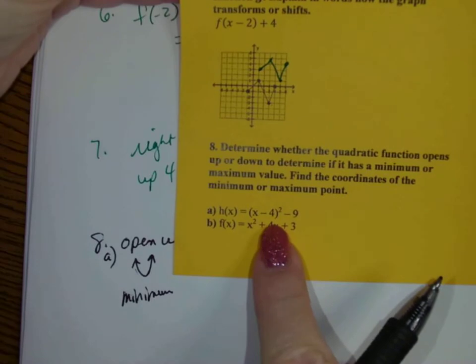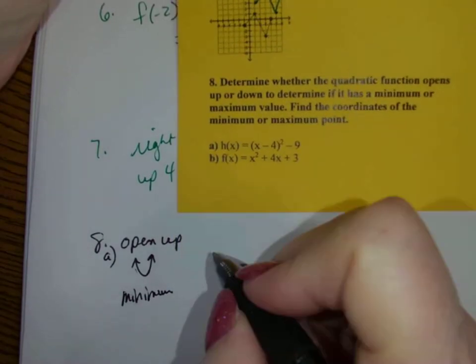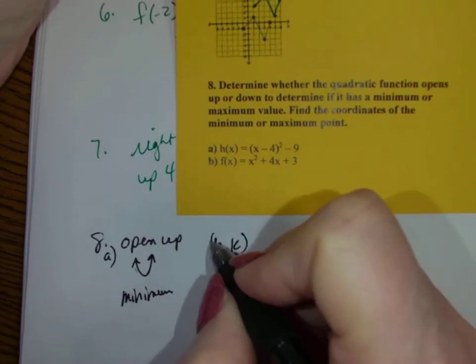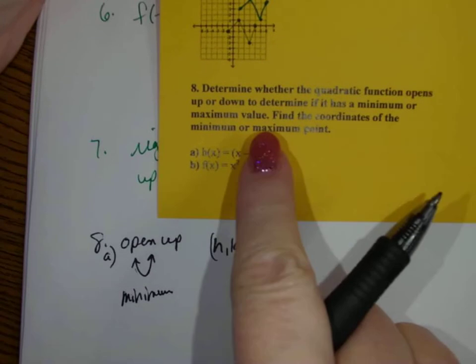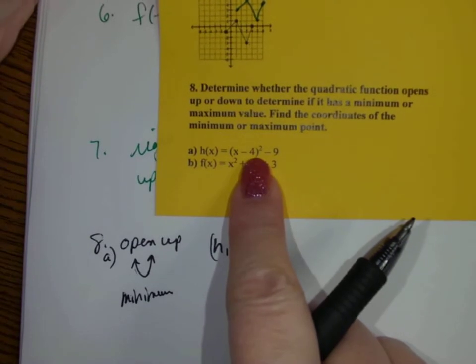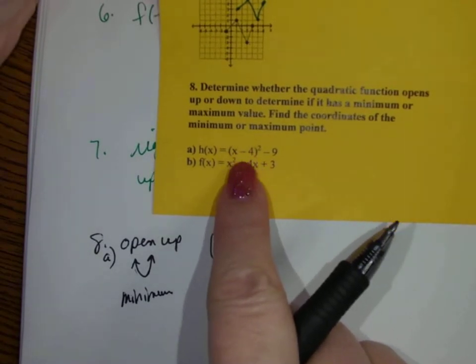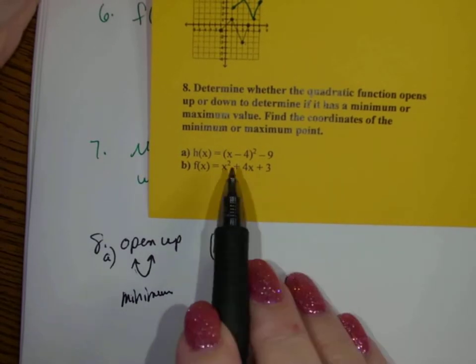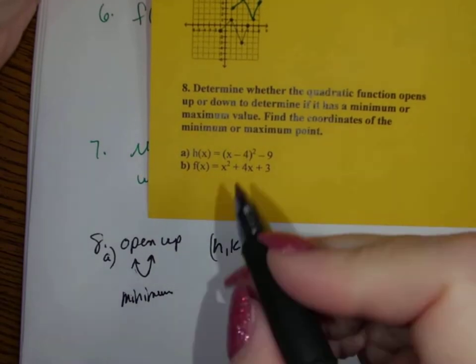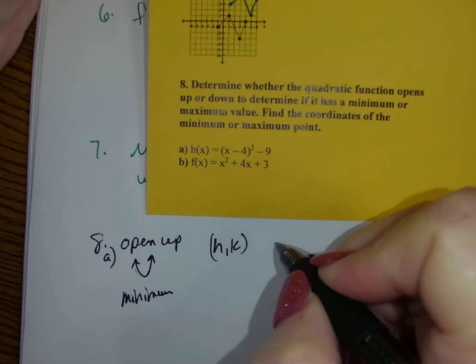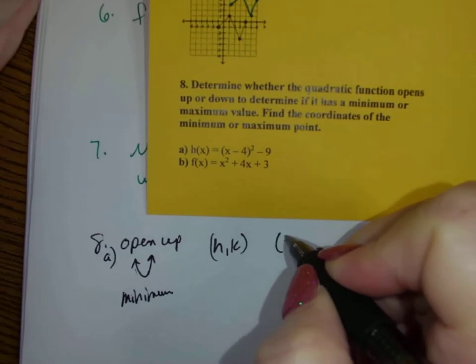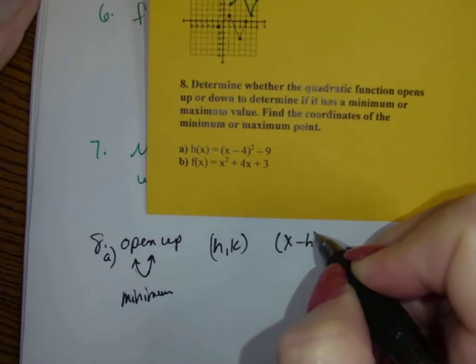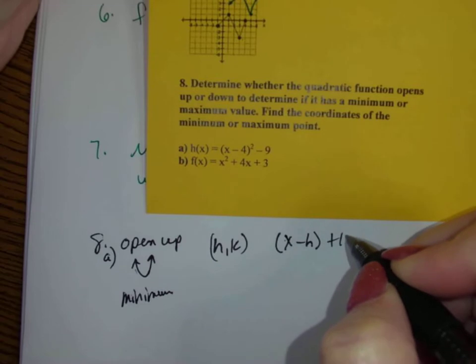part A here, the formula for this is going to be h, k for our vertex. And it again is similar to when we were doing the transformations. It's opposite of what you see right here. So that -4 inside is actually going to be 4 because the formula is x minus h plus k.